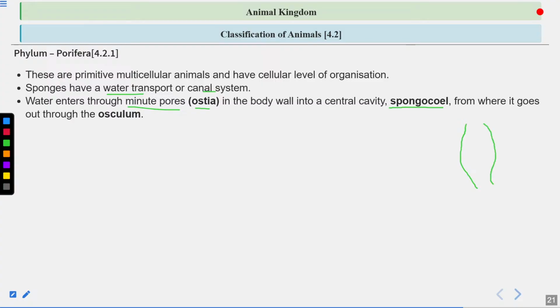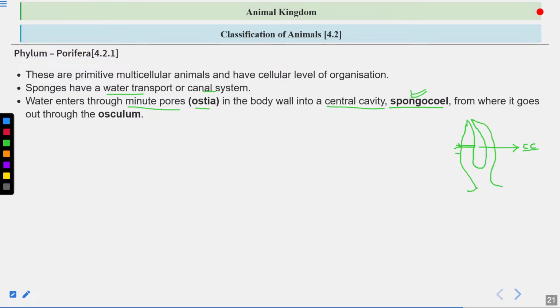I'm just drawing a rough figure to understand this. Inside this is a cavity. So they are having minute pores here. From these pores, the water enters here and leads to this central cavity. This is the central cavity or spongocoel.